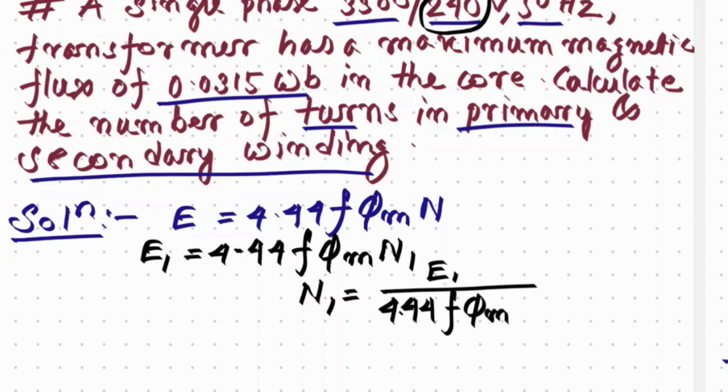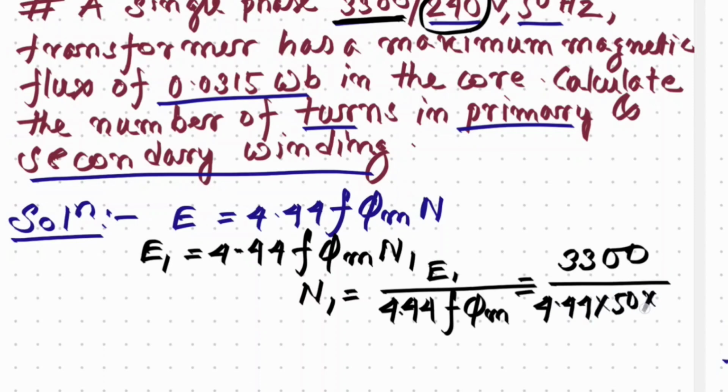Now the value of E1, the primary side voltage, is 3300. So we can write 3300 divided by 4.44 into 50 hertz into the flux, 0.0315. After calculating we'll get 471.9, so we can consider that 472 turns, and this is the primary turns.